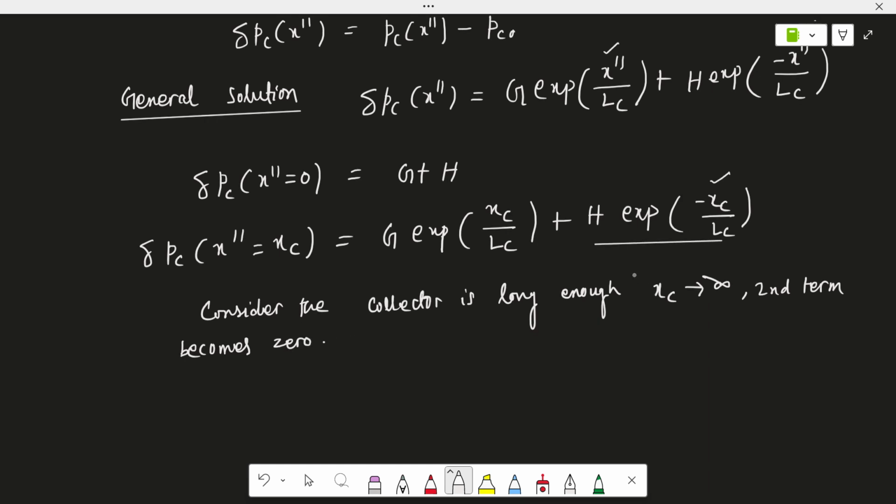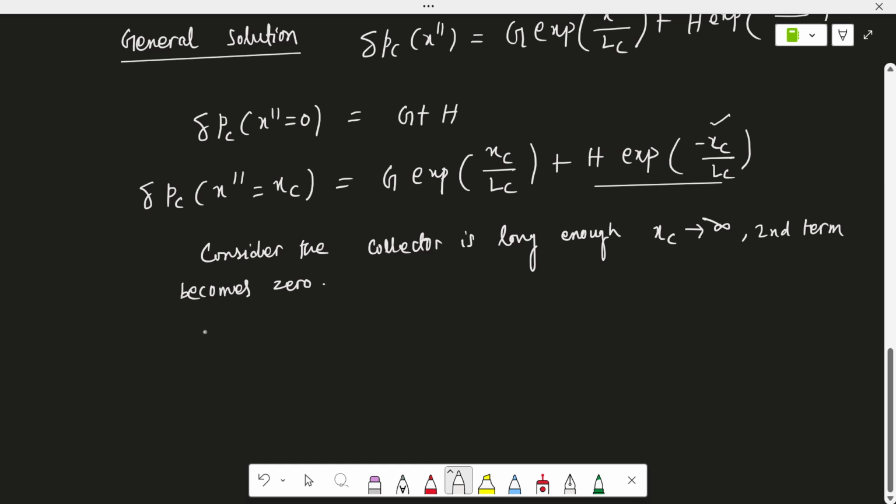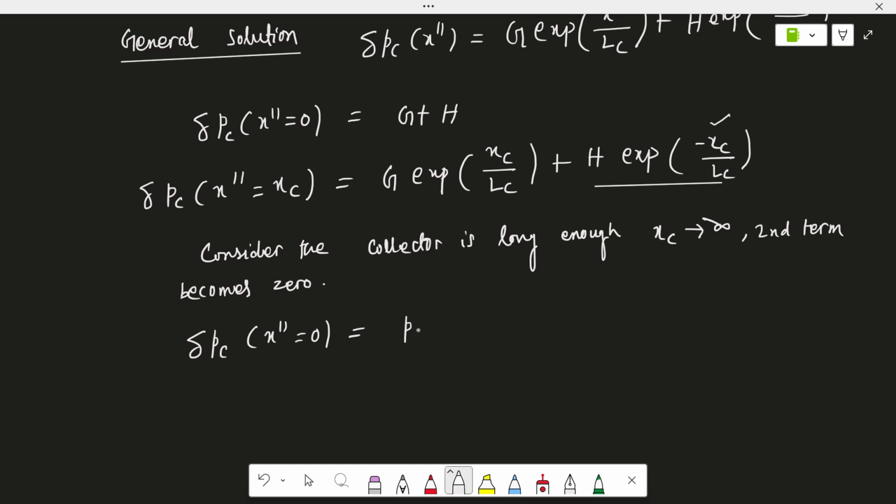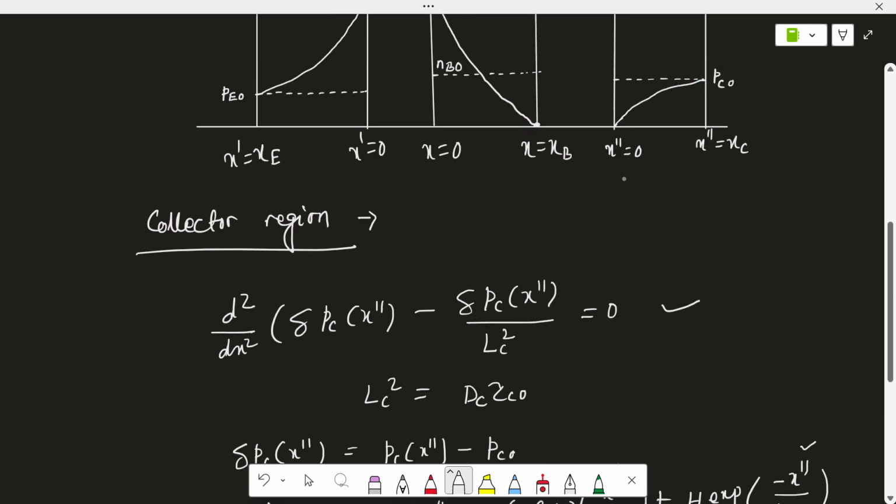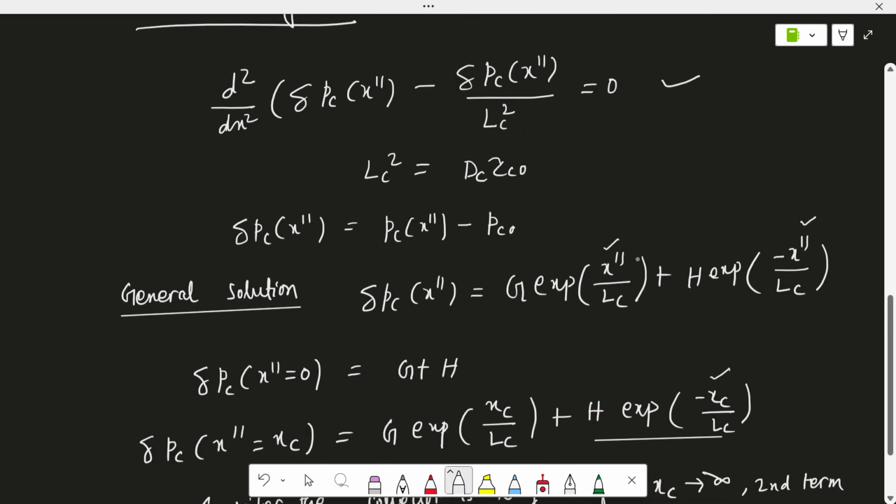So the remaining, we can write ΔPc at x'' is 0. ΔPc at x'' equals 0 is the non-equilibrium concentration at x'' equals 0, minus the original concentration Pc0. So the non-equilibrium concentration at x'' equals 0, you can see it is 0 here, so I will substitute that.